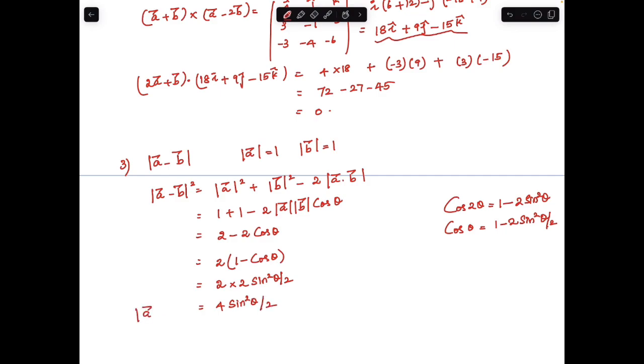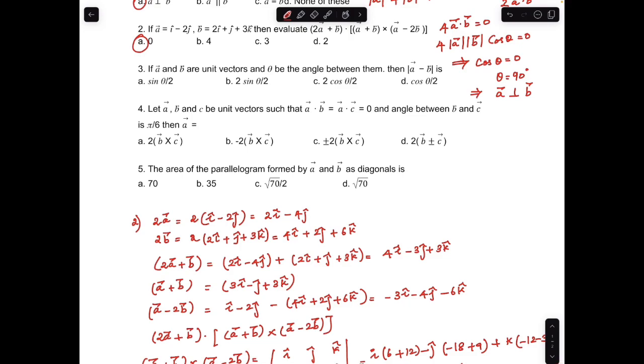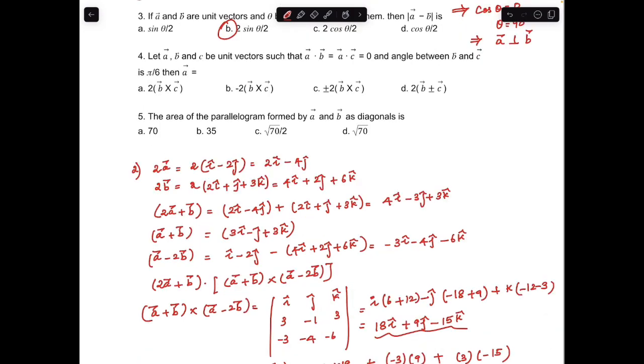This is magnitude of A minus B the whole square. So getting the square root of this, we get 2 sin theta by 2. So the answer is option B.